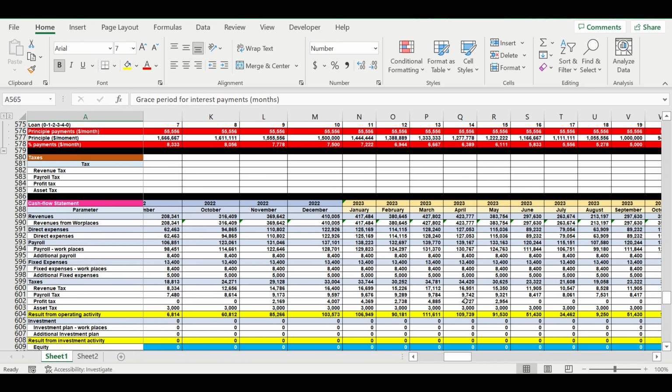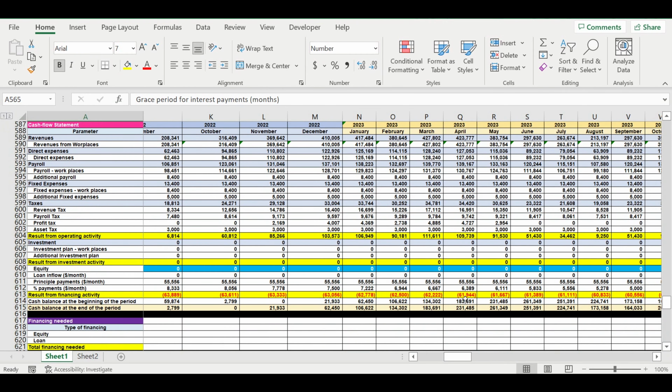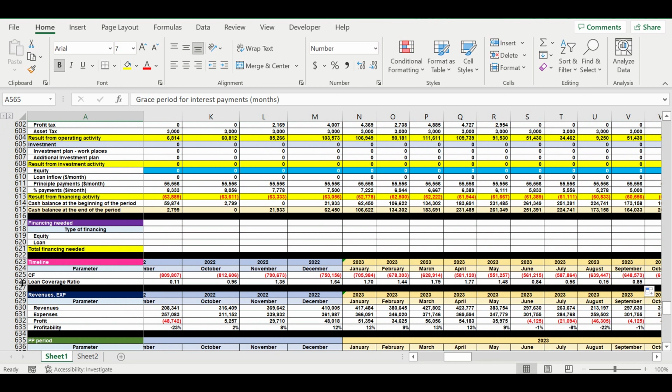But during the first period, when your project is just reaching the break-even point, it is very hard for your business idea to cope with operating losses plus bank payments. So you'll be looking at this moment and at the loan coverage ratio and see how your business idea performs, especially during the first 6, 7, 8 months of its operating activity, of its life cycle.